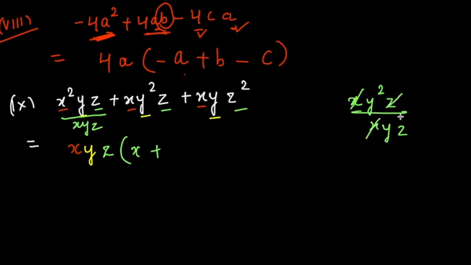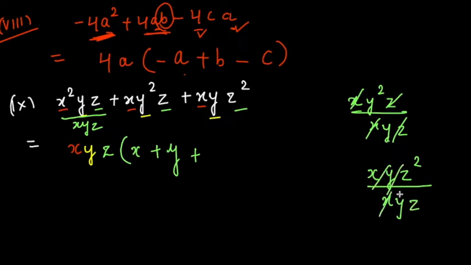X is cancelled, z is cancelled, y square upon y will give you y. Plus, let's see the third term, which is xyz square upon xyz. X is cancelled, y is cancelled, and this is z. So your answer is xyz into (x plus y plus z). So this was the ninth part of this question. You can pause the video if you want to note it down.